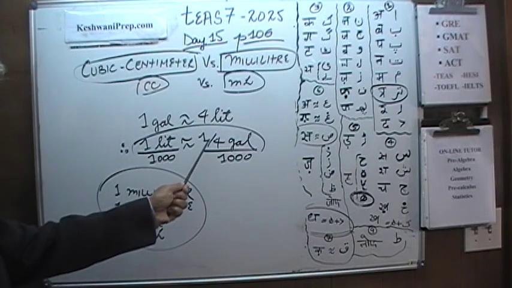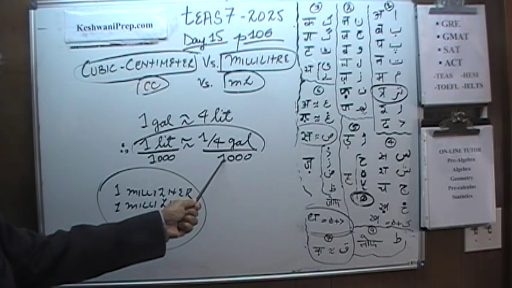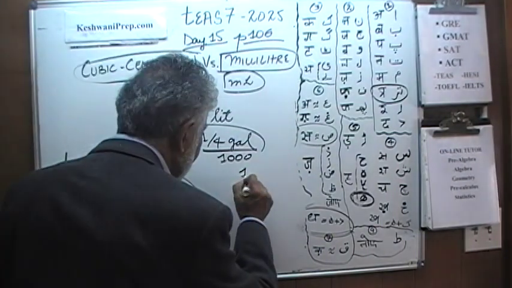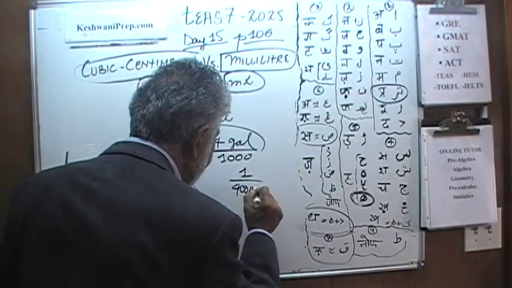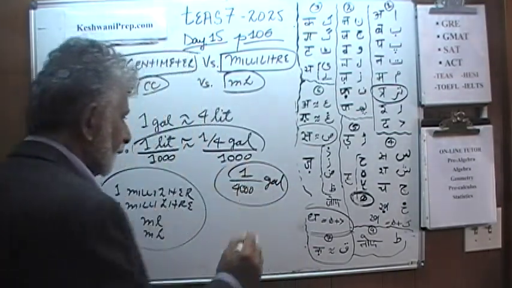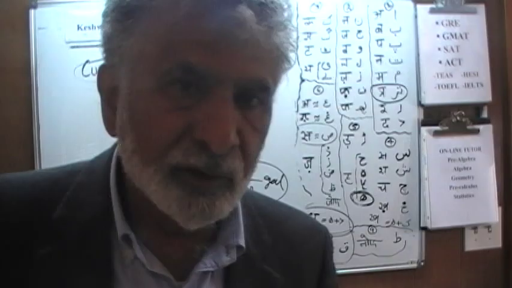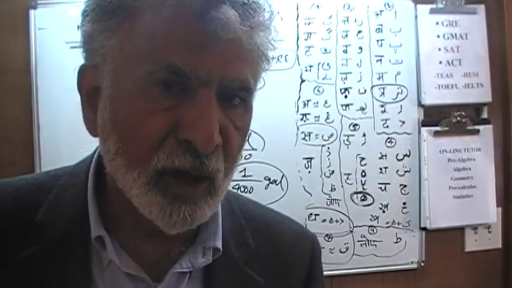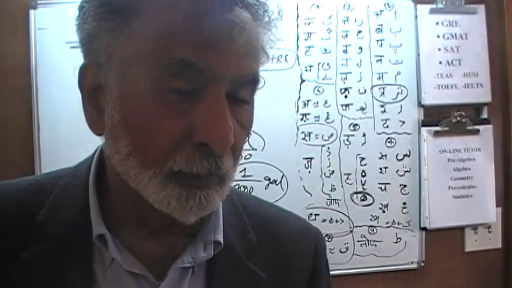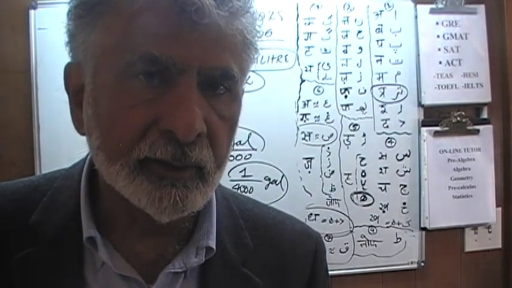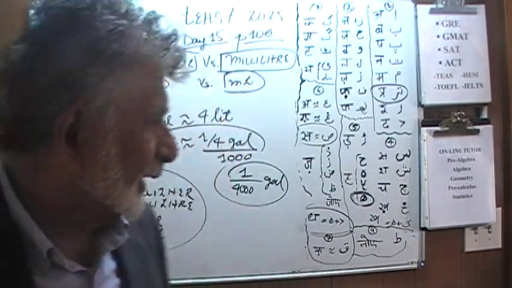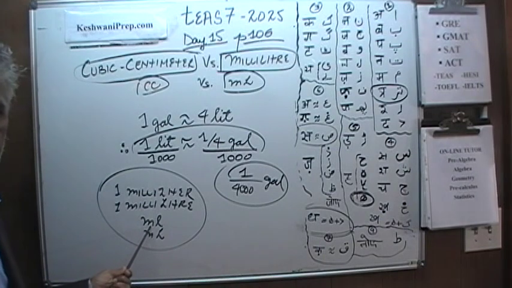In other words, 1/4,000th of a gallon. You take 1 gallon of gasoline and you find 4,000 small containers. And what those containers are, we'll get to that in a second. It's a very small amount of liquid, and that is called 1 milliliter.